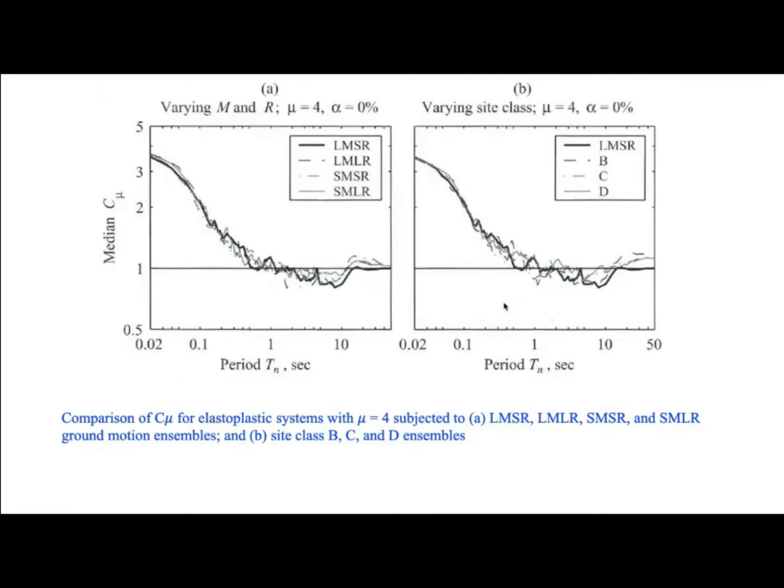The same is also shown for an ensemble of earthquake records, for records like LMSR, LMLR, where LM represents large magnitude and S represents short distance. And here, large magnitude and long distance, small magnitude and short distance, and small magnitude and large distance. If you plot these values, you will see that they are not dependent on the magnitude and distance value.